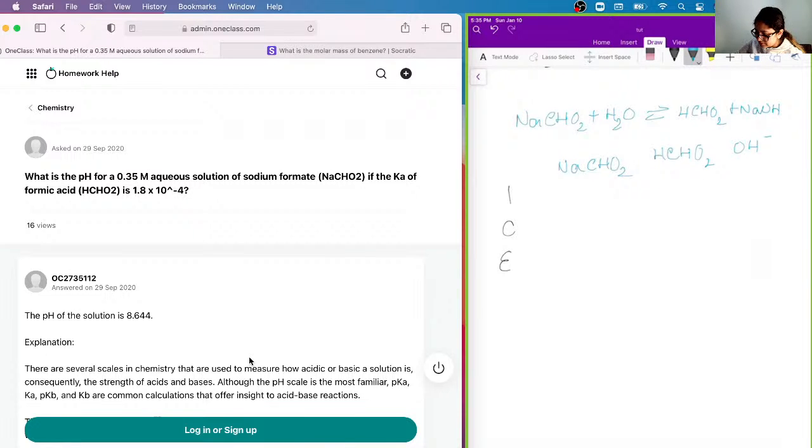We're just going to put in the known initial concentration, which is 0.35. Our change is going to be negative X because we are completely dissociating sodium formate into its ions. And so this would be 0, 0, plus X, and you have 0.35 minus X at equilibrium. You have X here and X here. Okay.